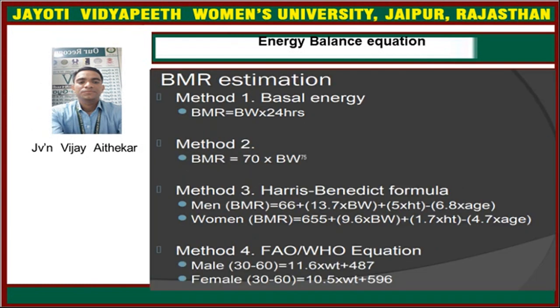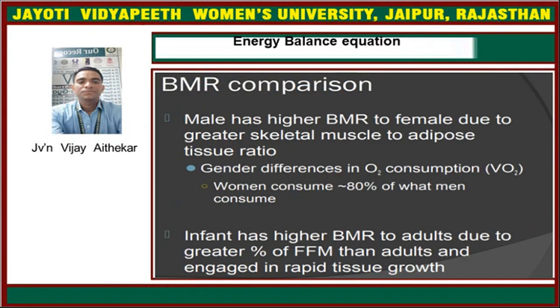BMR estimation methods: basal energy, BMR is body weight times 24 hours. BMR is 70 times body weight to the power 0.75. The Harris-Benedict formula for men: BMR is 66 plus 13.7 BW plus 5 H minus 6.8 age. There is also the FAO and WHO equation; for male and female it is different, as shown in the equation.